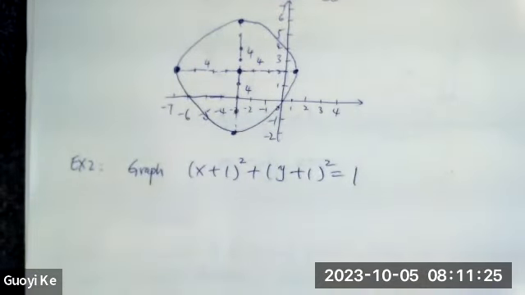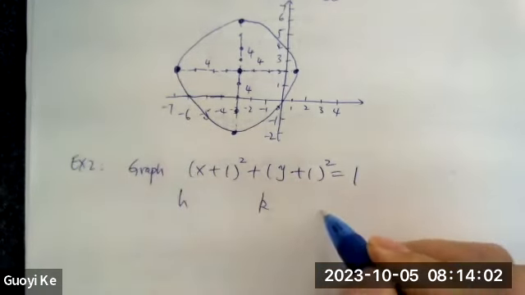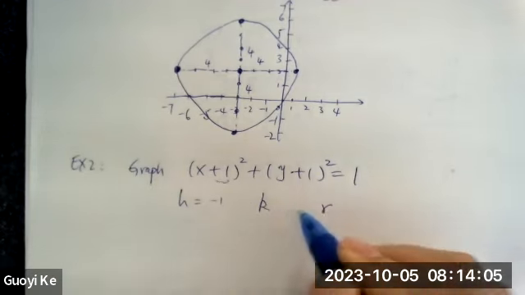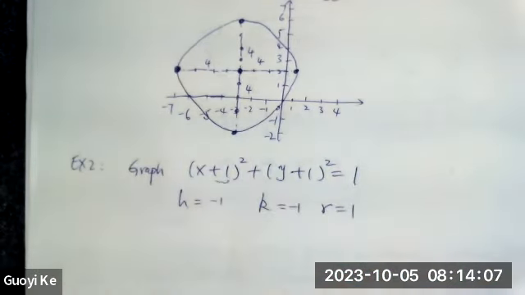The first step, you need to write down the H, K, and R, and after you find the center and the radius, then you can draw the circle. Let me write down the answer on the board. H is −1, K is −1, R equals 1, right?